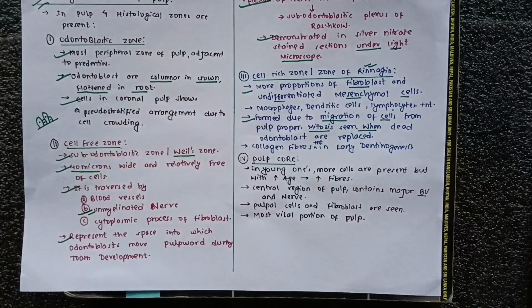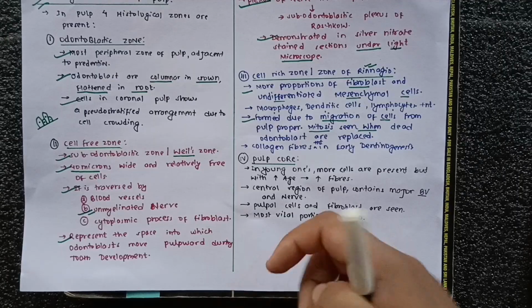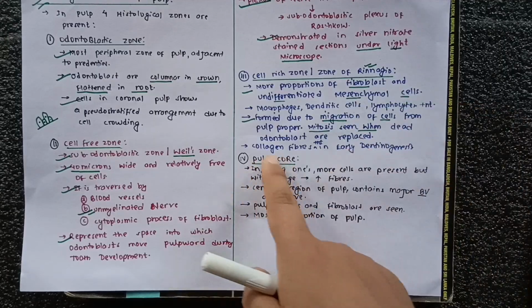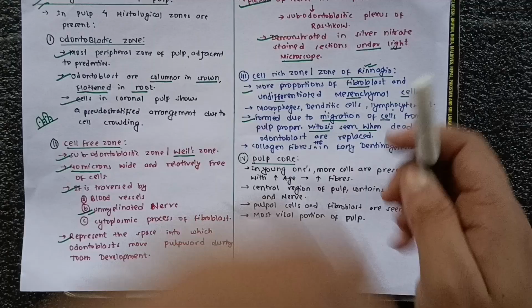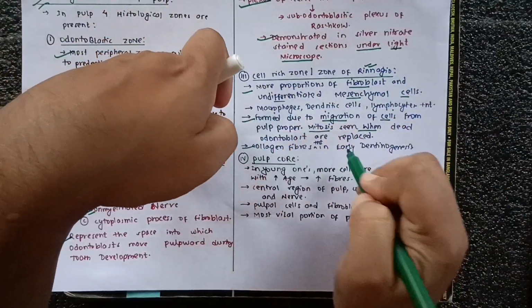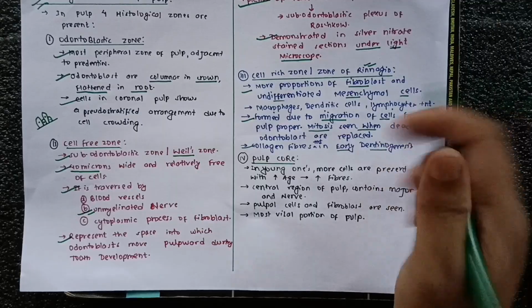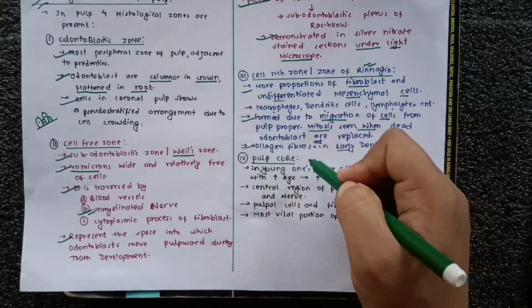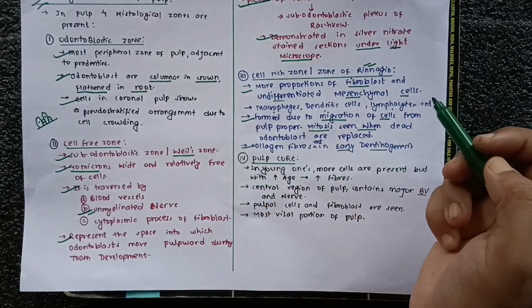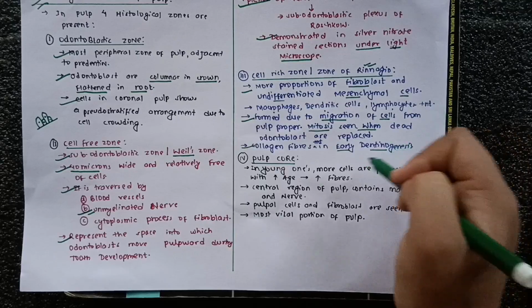So when the odontoblasts are dead, there is mitosis present there, which would form the odontoblasts. After that, collagen fibers are present in the early dentinogenesis. So early dentinogenesis means the formation of the dentin. We can see the collagen fibers at that stage of the tooth development or in dentinogenesis.